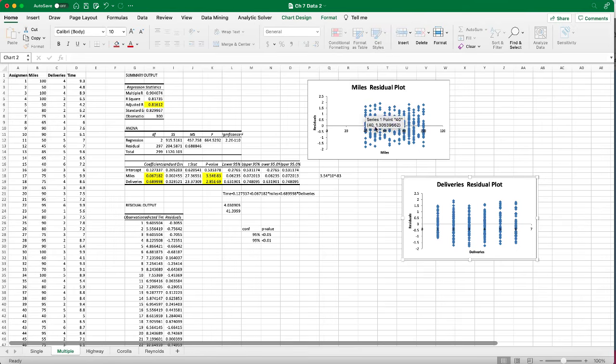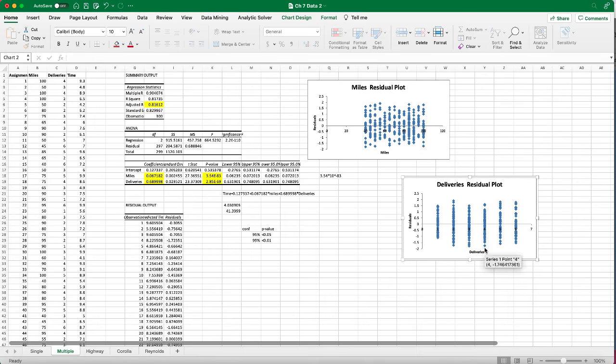The fact that we are seeing the data laid out in stripes like this is because of the nature of the data. Deliveries range from 1 to 6, and there's no such thing as 1.5 deliveries. So you don't see any data between 1 and 2, 2 and 3, and so on. This is entirely normal, and we don't say that the residual has a pattern, even though you're seeing the stripes.